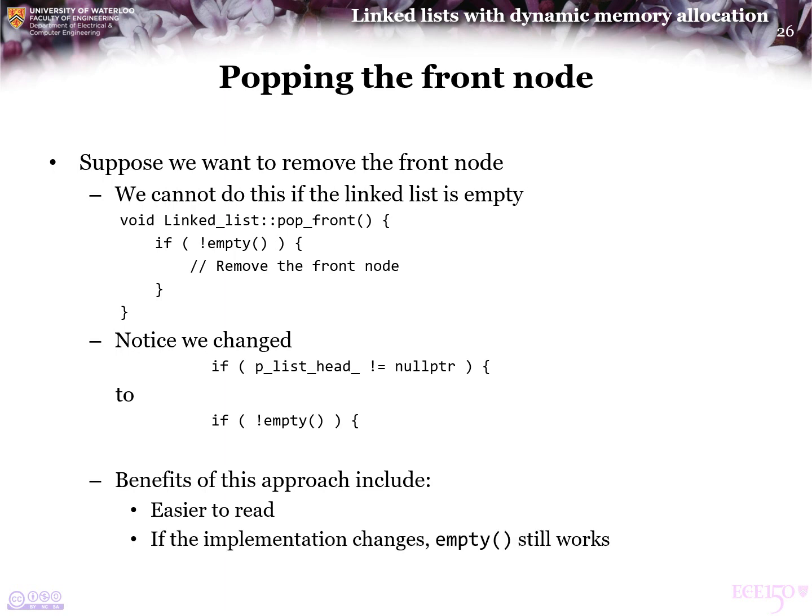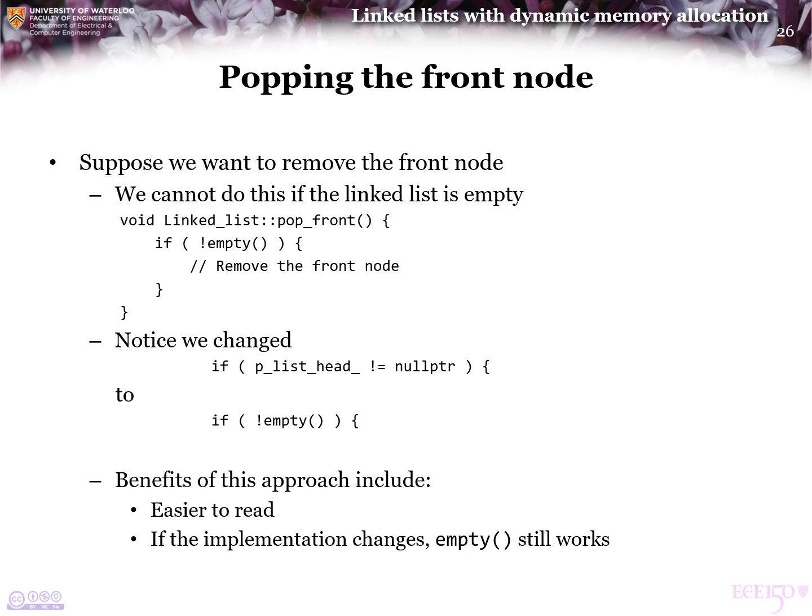Also, a little bit more subtle, but let's say we decide later that we don't want to use pointers to list head. Well, in this case, let's say we adopt a different approach to storing a linked list. Consequently, the comparison to null pointer may actually become invalid.